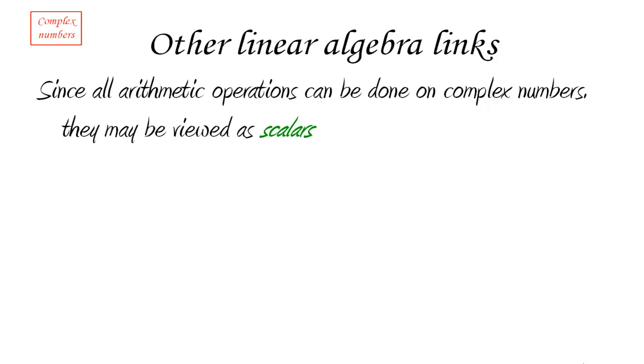For instance, one of the things you may remember is that given a square matrix, its eigenvalues are the roots of the characteristic polynomial. As such, they may be real or they may be complex. If they're real, we can work with them as long as we're working with real numbers. But if they're complex numbers, if they're imaginary numbers, then we cannot use them in the regular real number based theory of matrices and eigenvalues.